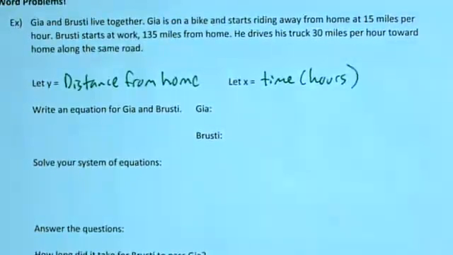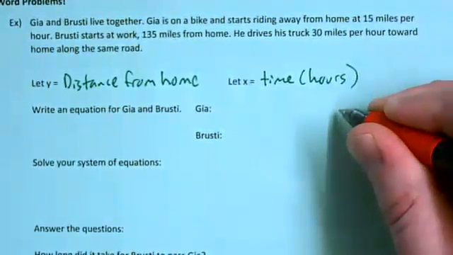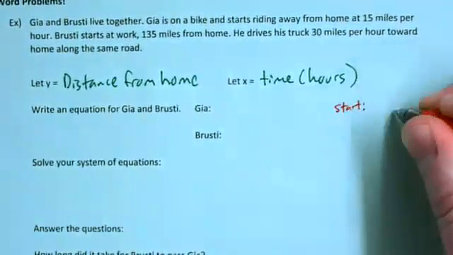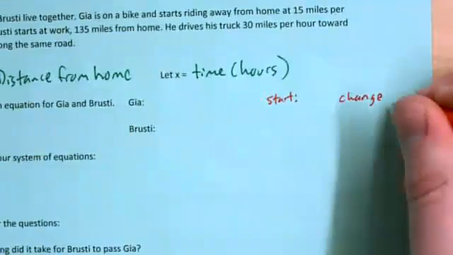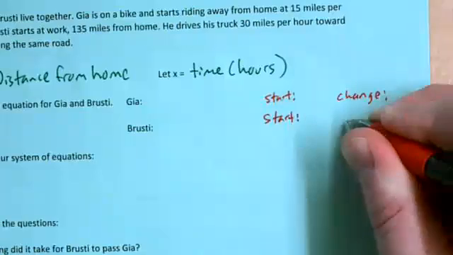So we're going to write equations for Gia and Brewsty. To write an equation, this is like what we did on Tuesday. To write an equation, we need a start and we need a change. I'm going to write these off to the side here, and then we'll put them together into an equation over here. A start and a change.